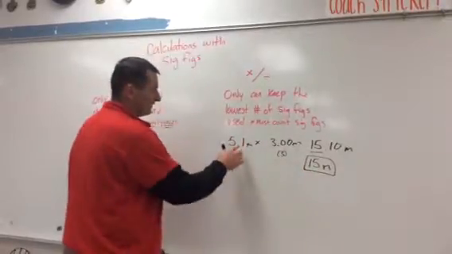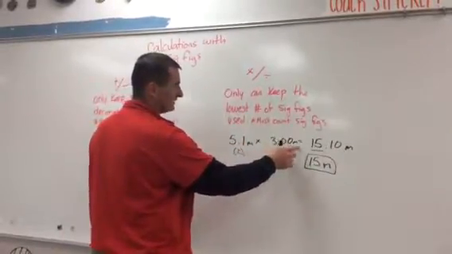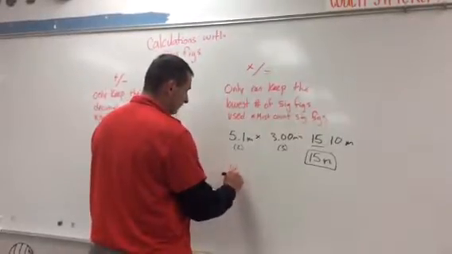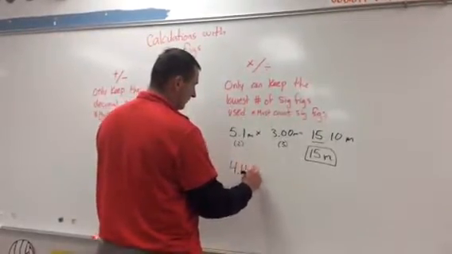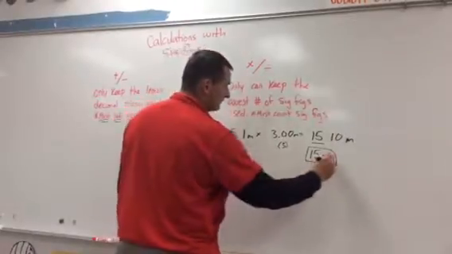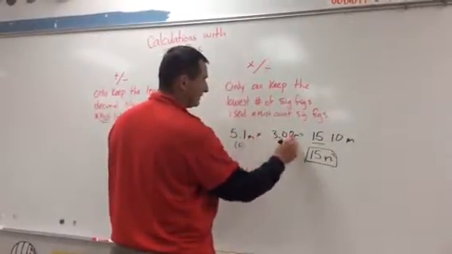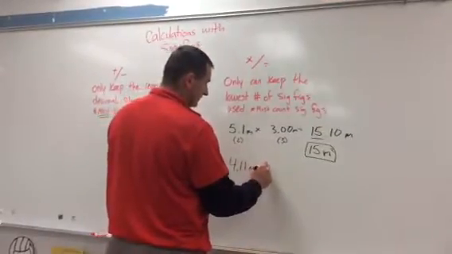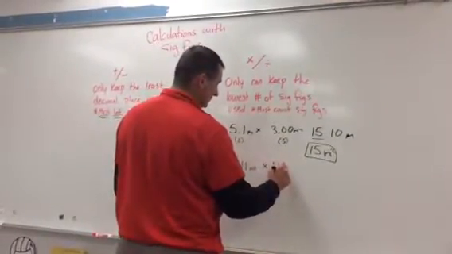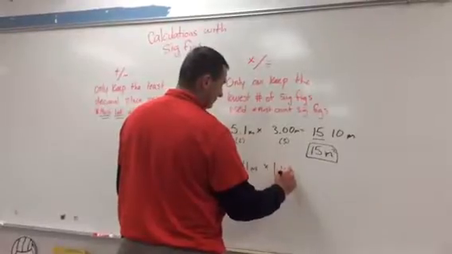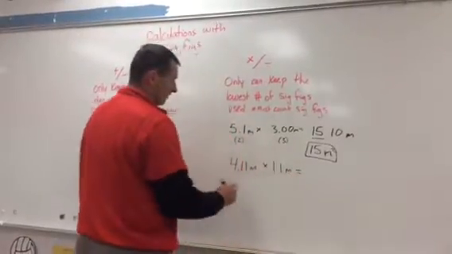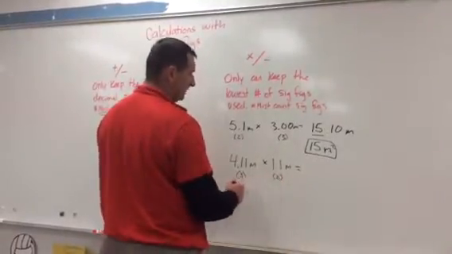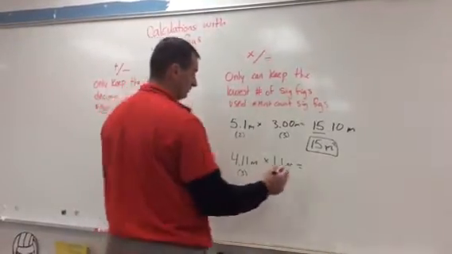So you can see it doesn't have to do with what decimal it is. It has to do with how many total sig figs you have. So if I have 4.11 meters times 1.1 meters, and also this is meters squared, because a meter times a meter is a meter squared. This has 3 significant figures, this has 2 significant figures, so my answer can only have 2.